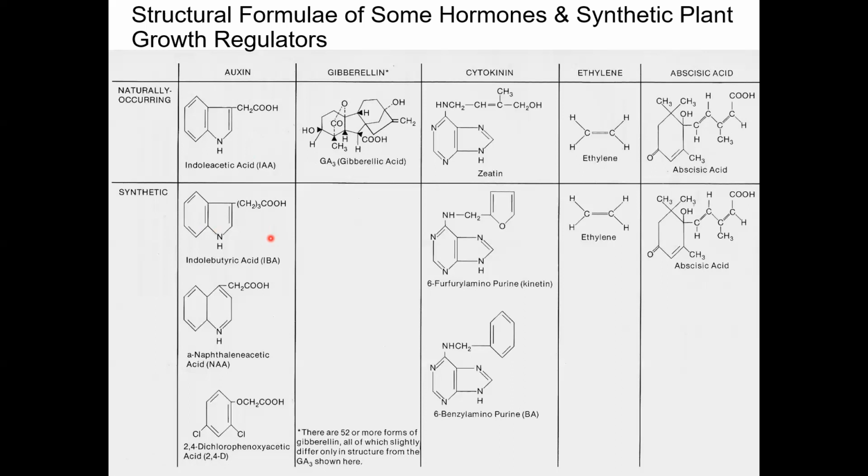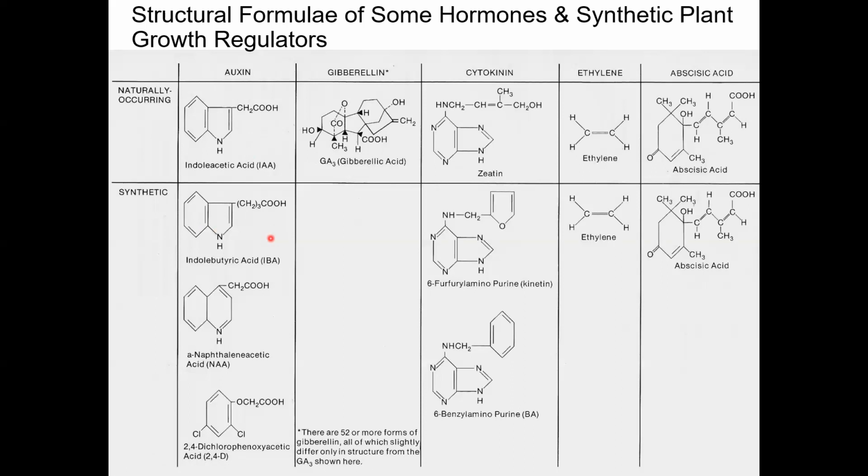Now, before we leave this slide, I want to say that there are synthetic growth regulators that technically aren't considered hormones. These are manufactured, and hormones can be termed growth regulators. We've already said that, but synthetic growth regulators aren't labeled as hormones.